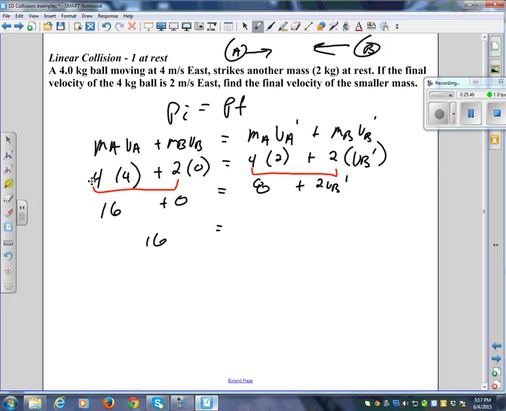Do the positives and negatives matter in these situations? Yes, get them right. They have to be right. 8 divided by 2, 4 meters per second.